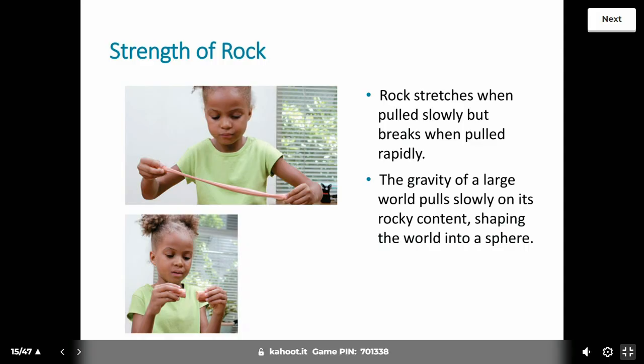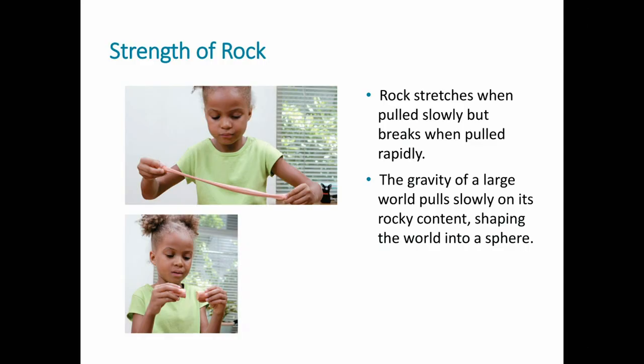So when you think about rocks, you probably think about just a hard object that doesn't ever change its shape. But the rocks that are in the mantle of the Earth are under very high temperatures, and so those rocks are not necessarily completely solid. You can stretch them, you can pull them apart, you can break them, and because they are what we would call plastic, they can move basically.